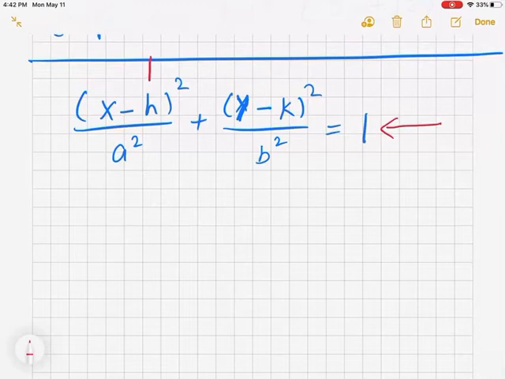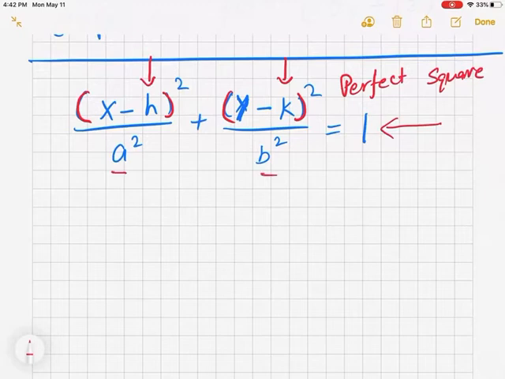So this h and k is in parentheses, and the whole part in parentheses is a perfect square. I hope you understand this term. When I say perfect square, it means the binomial itself is a square, it has a square on the top, so that makes it a perfect square, okay? And then there's a number under each one, okay?